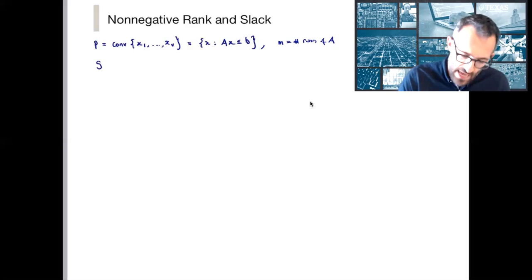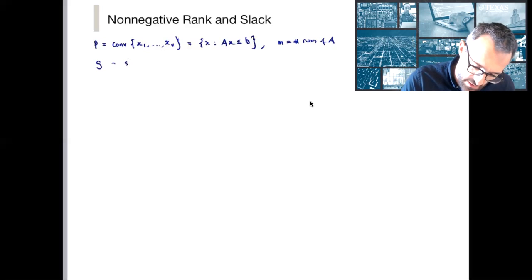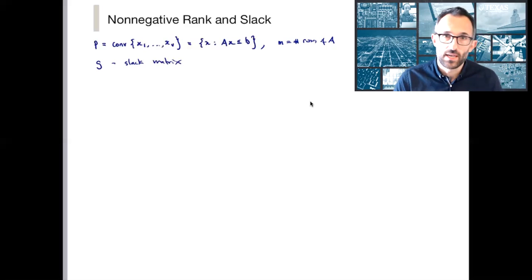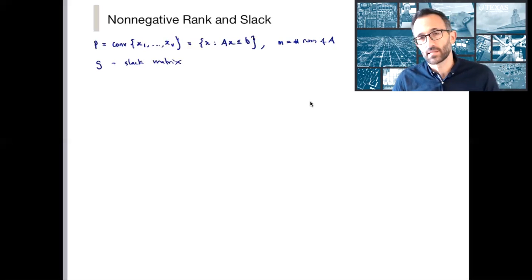And now I'm going to define an exponential size matrix. S is the slack matrix, where its entries are going to be indexed by extreme point, comma, inequality.